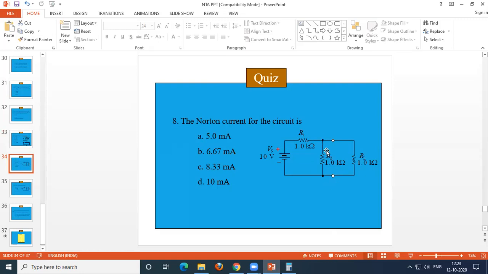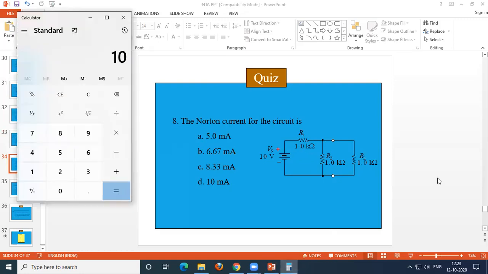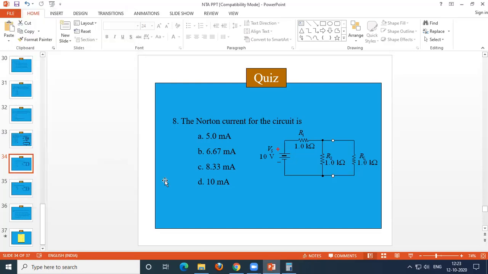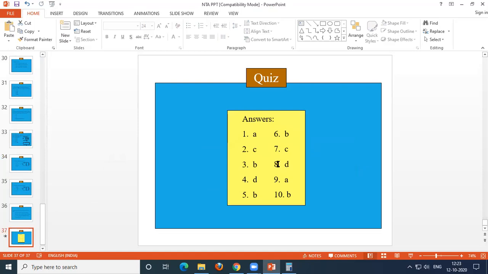So the value of the Norton current is nothing but 10 divided by 1k, that is 10 divided by 1000, equal to 0.01 ampere, which is 10 milliampere. So the answer for 8 is D, that is 10 milliampere.